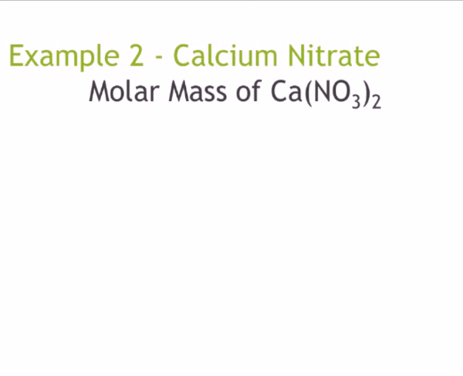Gets a little bit more complex now. Go ahead and write down all your elements first. I've got calcium. I've got nitrogen. And I've got oxygen. Figure out how many of each you have. How many calcium atoms do I have? 1. How many nitrogen atoms do I have? 2. Why is it 2? Because you have to distribute. Absolutely.